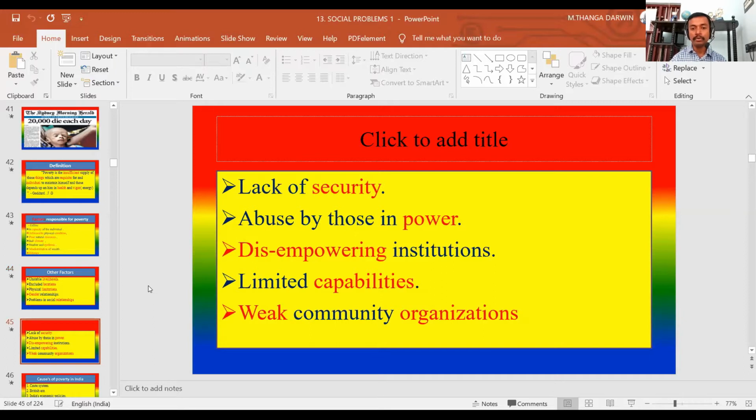Then disempowering institutions, then limited capabilities, next weak communities and organizations, which have poor resources, mainly monetary and technical resources.